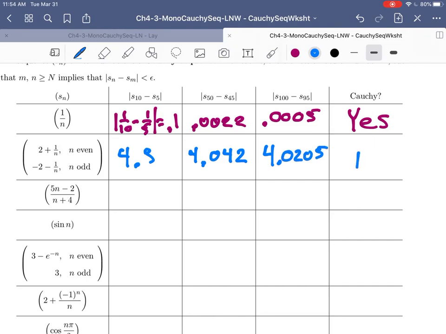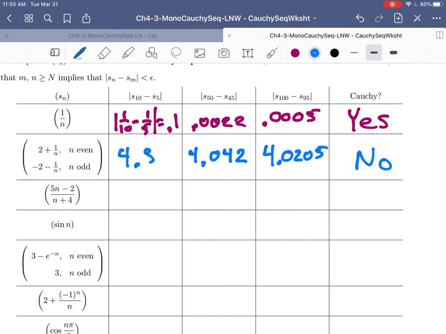This is not Cauchy. No matter what you define big N to be, there are always going to be two terms further down the line that are at least 4 units apart.